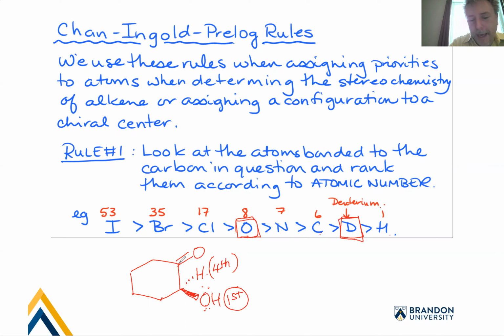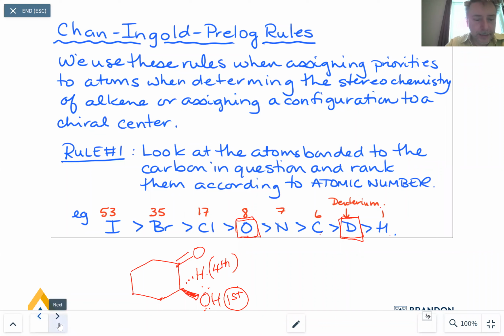But we can't distinguish between these two carbons yet because they're both carbon atoms. But the hydroxyl group and the hydrogen, we can say the hydroxyl group's first and the hydrogen is last, purely based on atomic number. So that's the first rule. Let's move on to the next page.